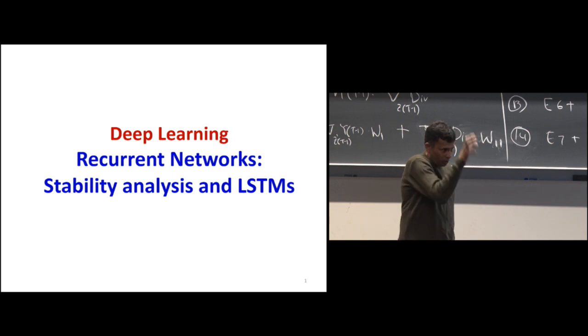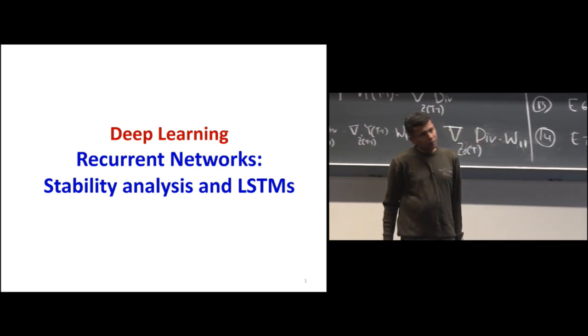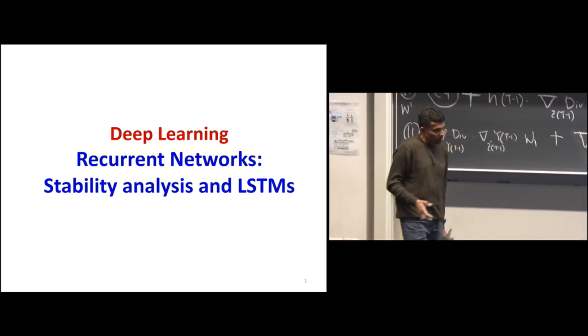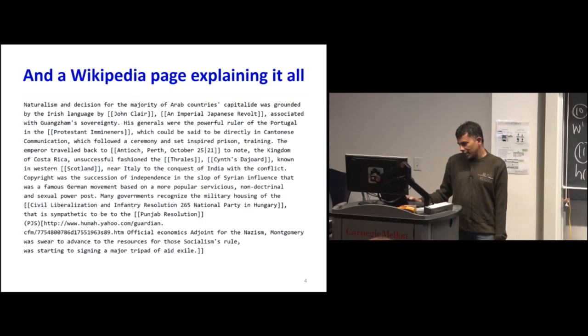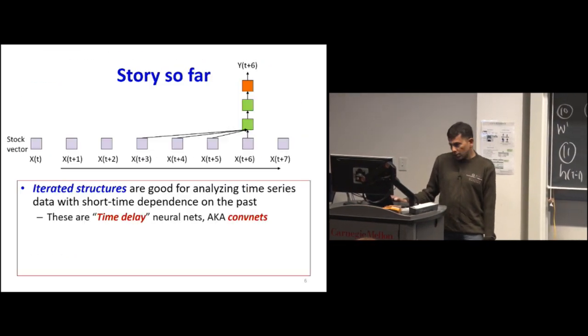It's a single structure. Always keep in mind that it's a single structure that keeps getting reused, so that if you had to store the network, you're only going to store one structure. Make sense? Okay. Now these networks, it turns out, are actually very powerful, as we just saw.